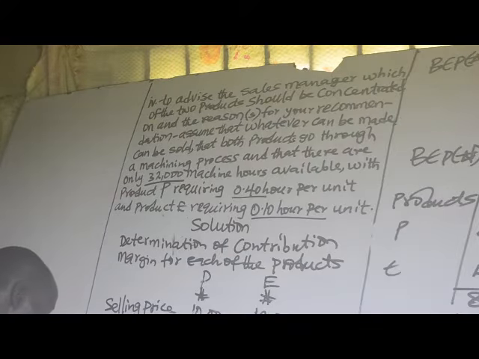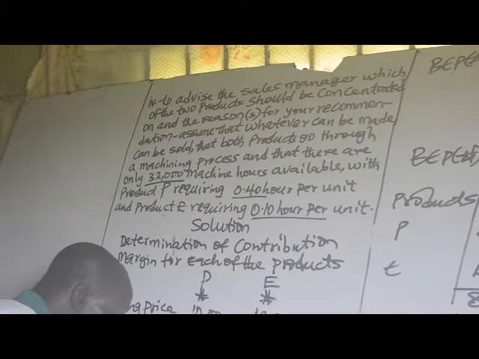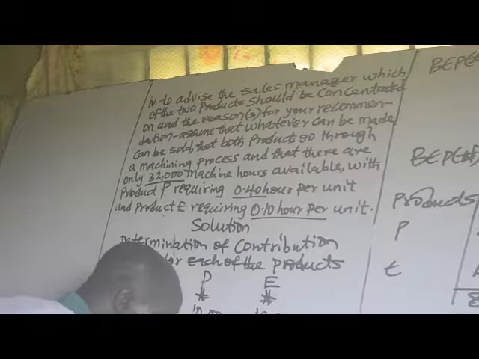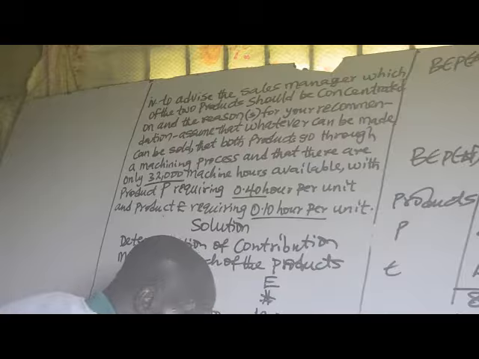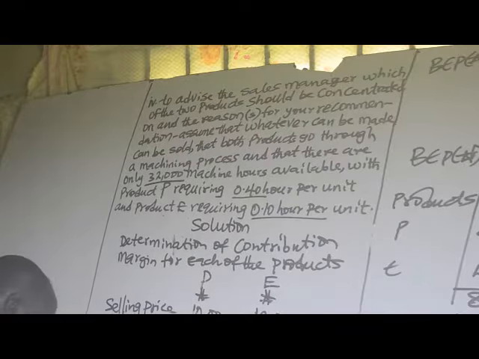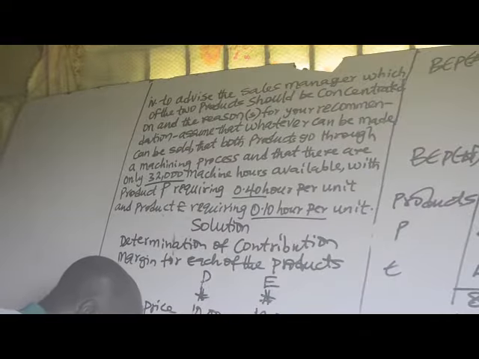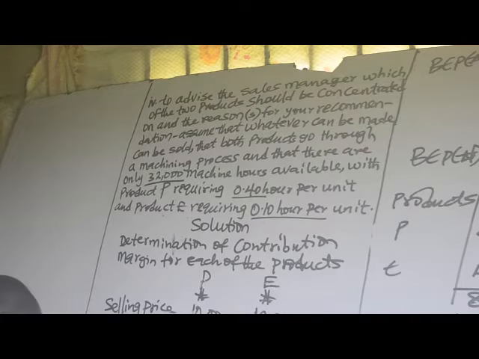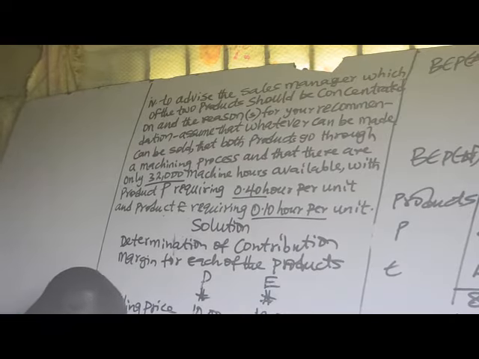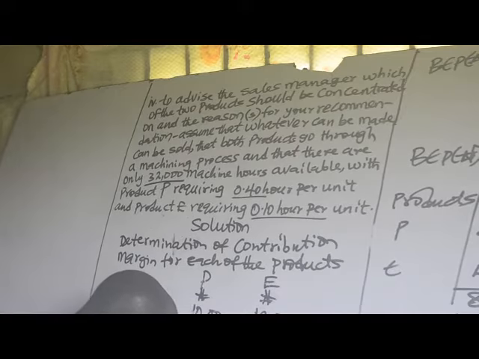Now, given the available machine hours, determine the maximum number of units of each product that can be produced.